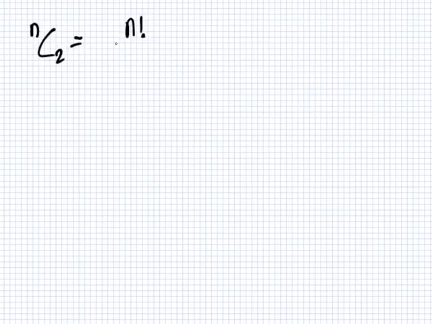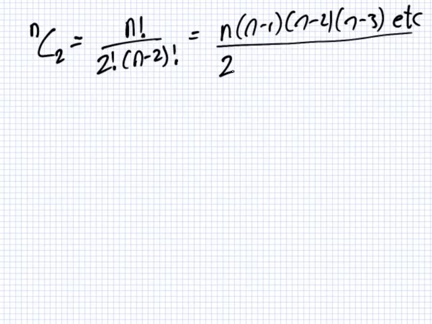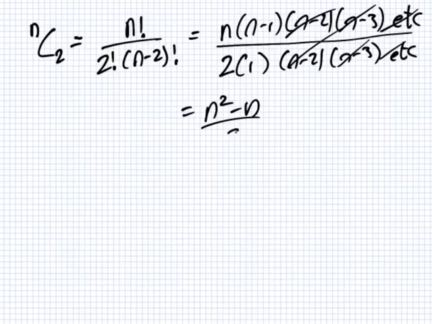It's n factorial over 2 factorial times (n minus 2) factorial, which is n times (n minus 1) times (n minus 2), (n minus 3), etc. over 2 times 1, and then (n minus 2), (n minus 3), etc. So you're left with n squared minus n over 2 is nC2. So it's a bit tricky now. You might want to write that part down because I'm going to go back to the main part.